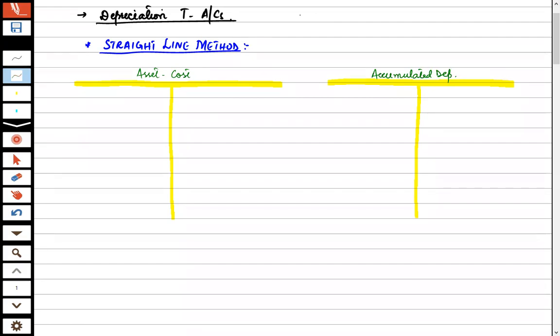This data, when opening value obviously will come in the debit, and the closing value will come here in the credit, and this will become the opening of the next year. Clear? Is there any issue in this? No. Okay.